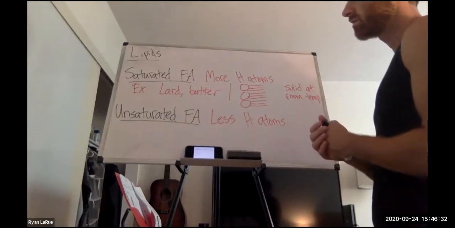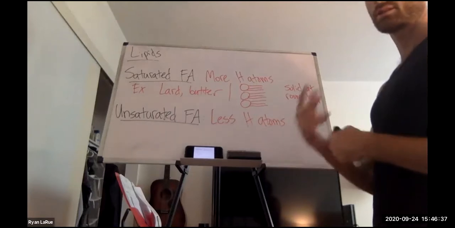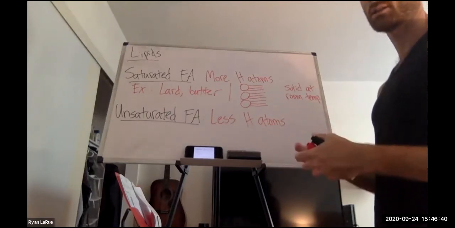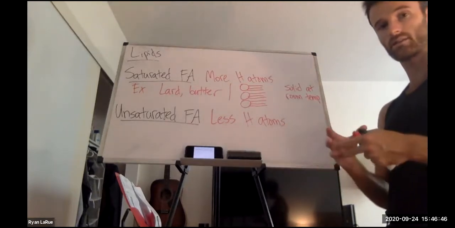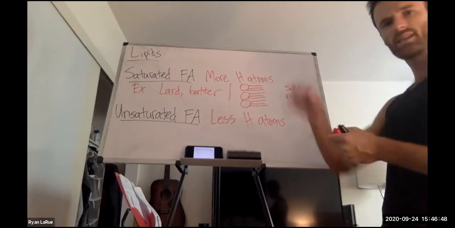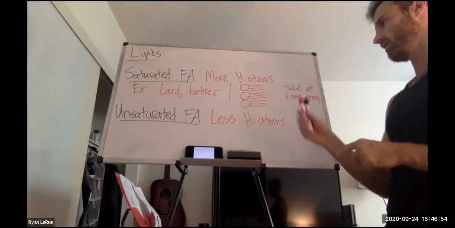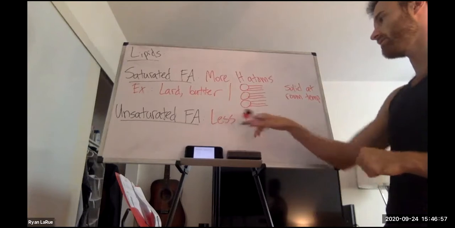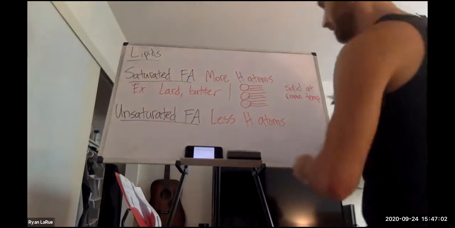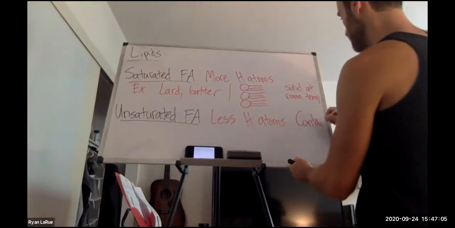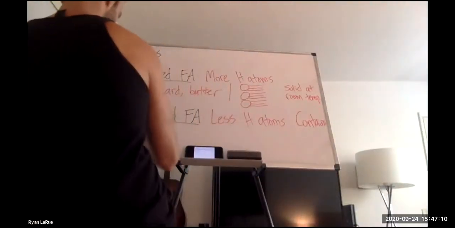You don't have to know exactly why there are fewer hydrogen atoms, but if you think about it, with a double bond they're sharing more electrons, so to get to 8 electrons in its outer shell, it doesn't need an additional hydrogen. I want you to know that unsaturated fatty acids have fewer hydrogen atoms because of the presence of these double bonds. So I'm going to write: in the unsaturated fatty acid tails, there are double bonds.